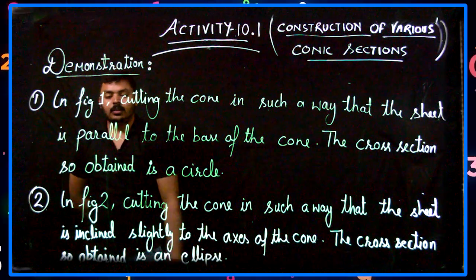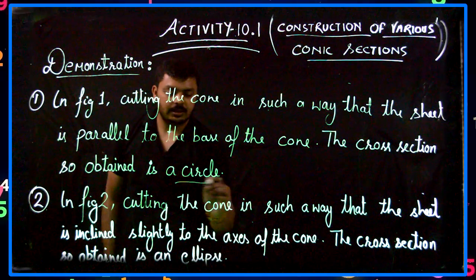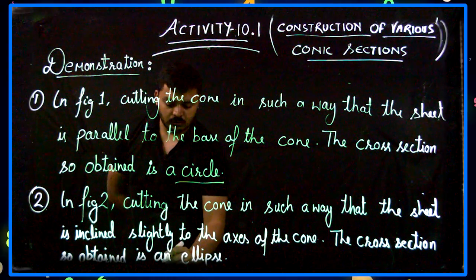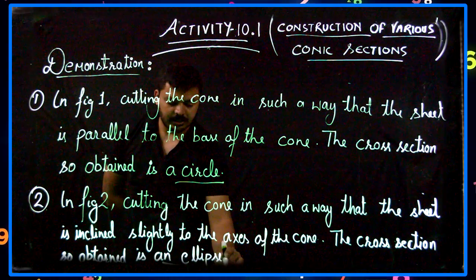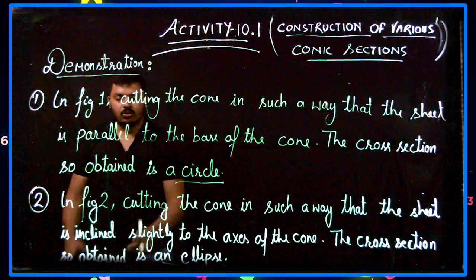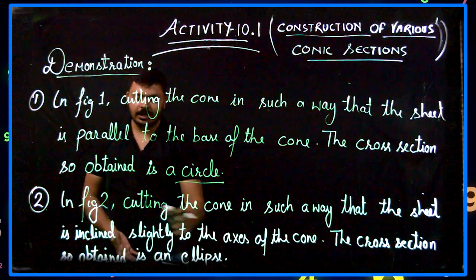In figure 1, our cross section was a circle, and in figure 2, when we cut it slightly inclined, the cross section obtained is an ellipse.